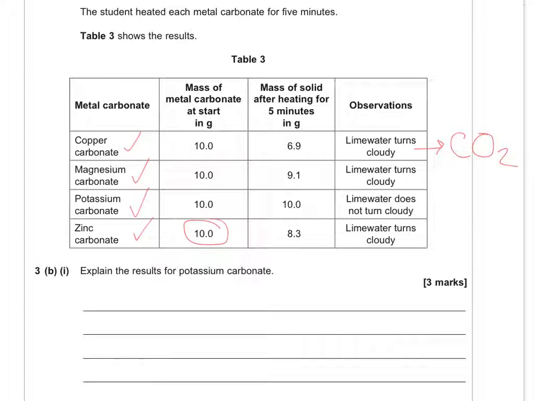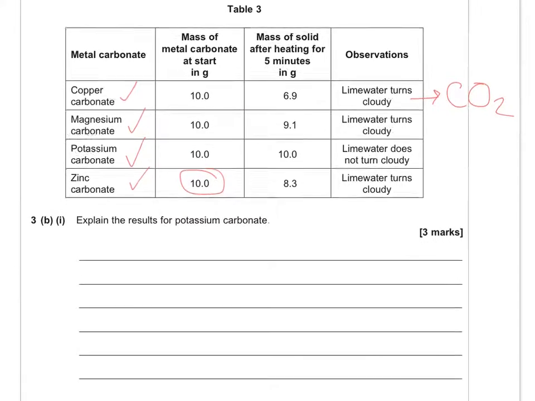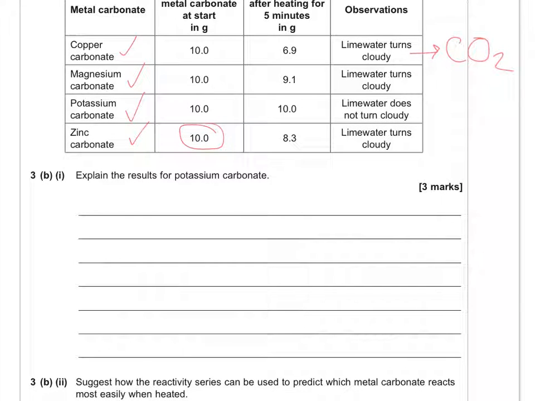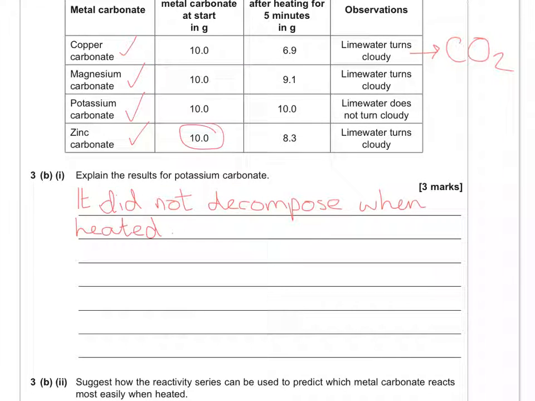Question 3B1 asks us to explain the results for potassium carbonate. Now for this question, you've got to say that the potassium carbonate did not decompose when heated. You could also have said that the temperature was not high enough because potassium is a more reactive metal, so it would require more energy to decompose the potassium carbonate.